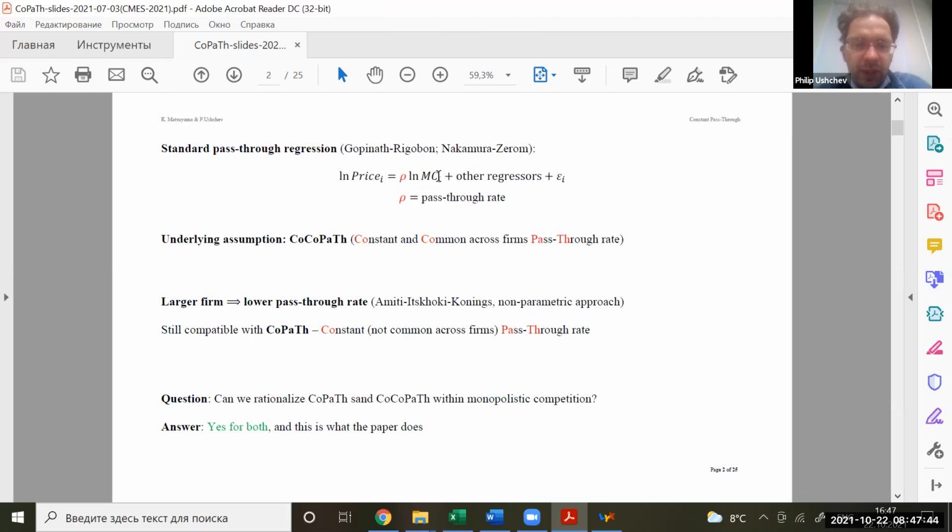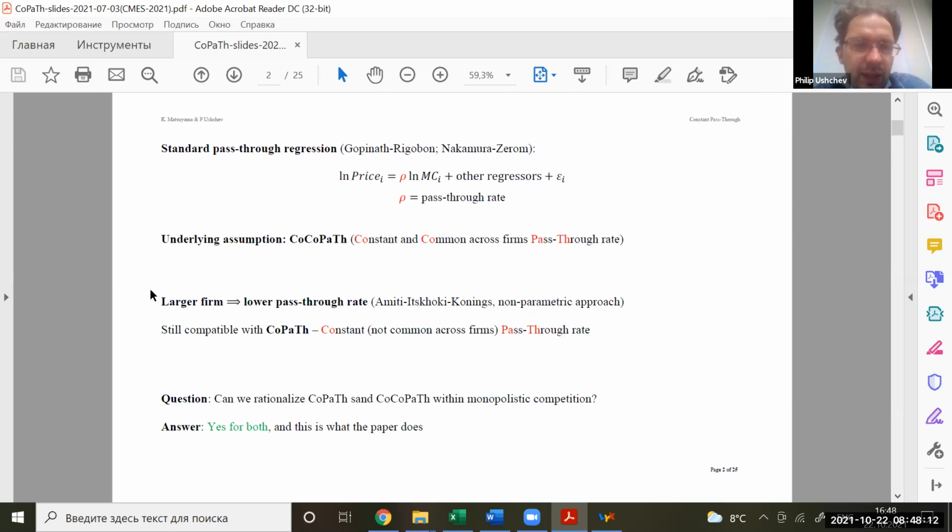It could be some exchange rate shock, changes in energy prices, whatever. But the point is that whenever you run a regression like this, you implicitly assume that this pass-through is actually constant and common across firms in your sample.